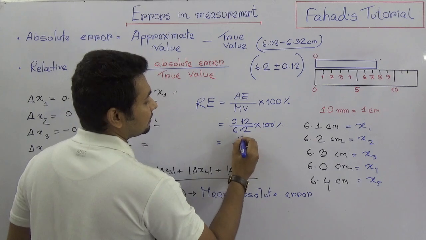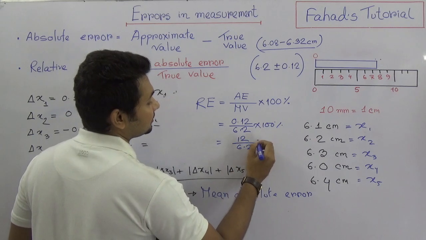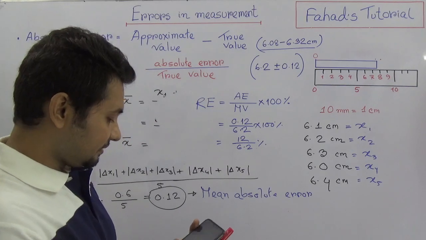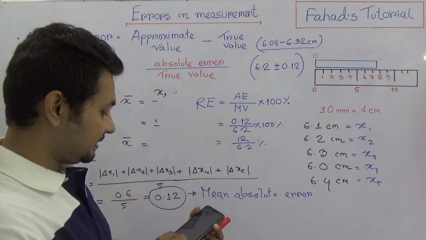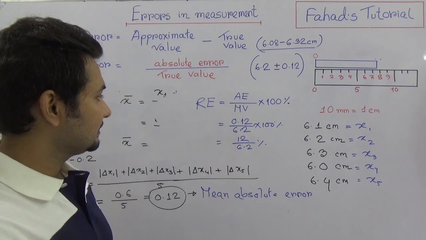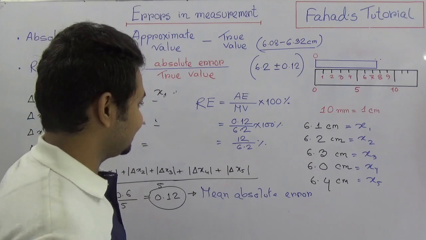So it will be 0.12 divided by 6.2 times 100, which is 1.93%.